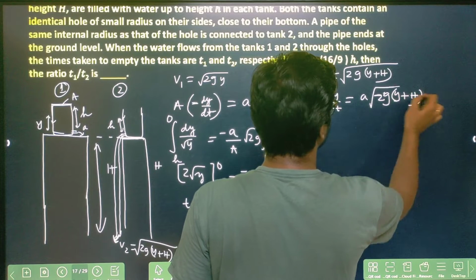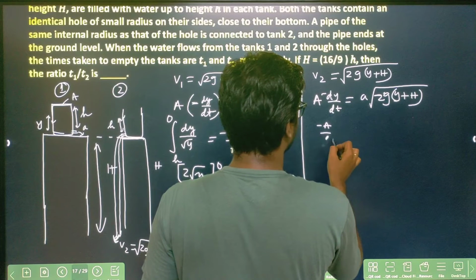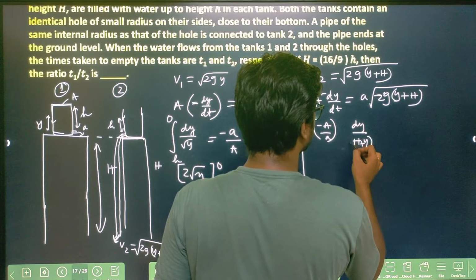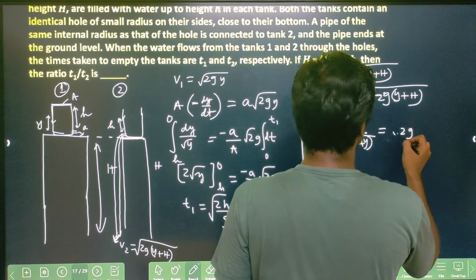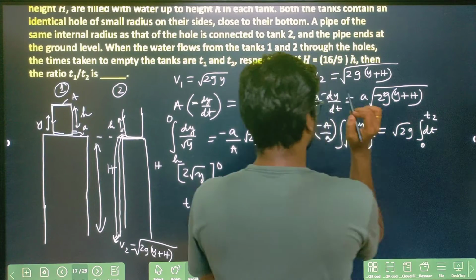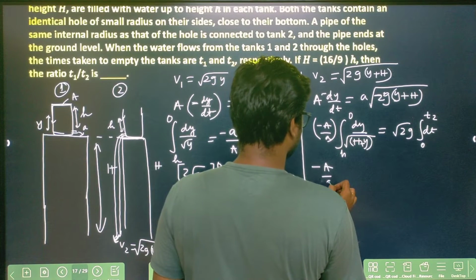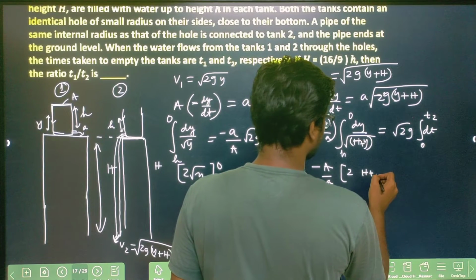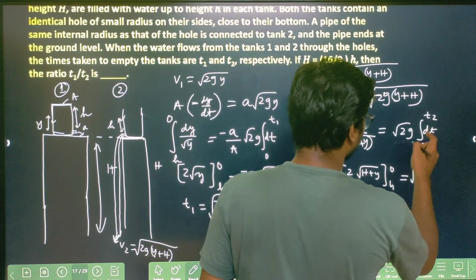This way, again you will get minus a by A, and the integration of dy by root of (h plus y) is equal to the integration of root 2g dt from 0 to t2, and here y varies from h to 0. So this will be minus a by A into 2 root of (h plus y), from h to 0, is equal to root 2g into t2.